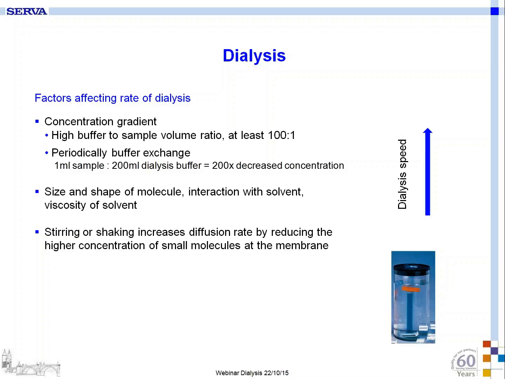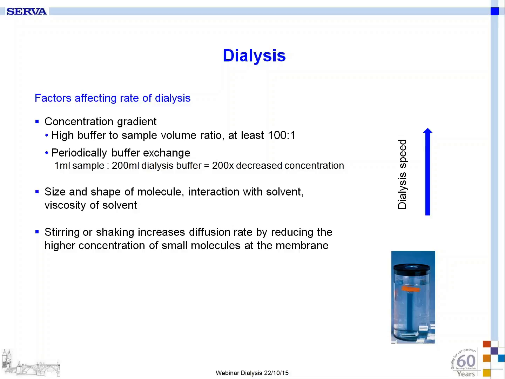If you exchange the buffer 2 more times, we are talking already of a factor of 8 times 10 to the 6. That means if you start with 100 millimolar DTT, you reduce the concentration of DTT after 3 steps to 12.5 nanomolar.